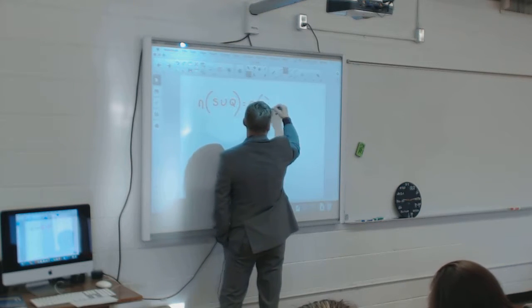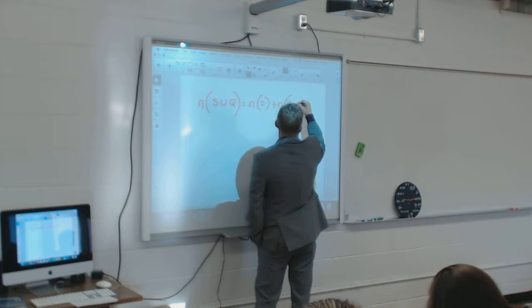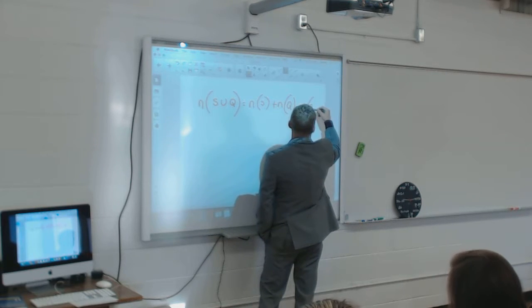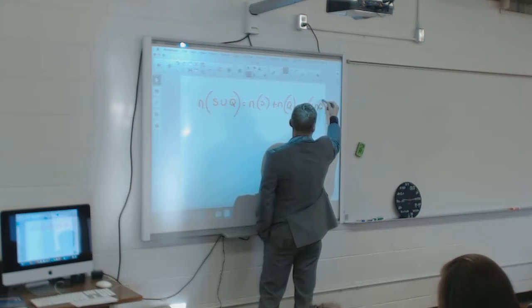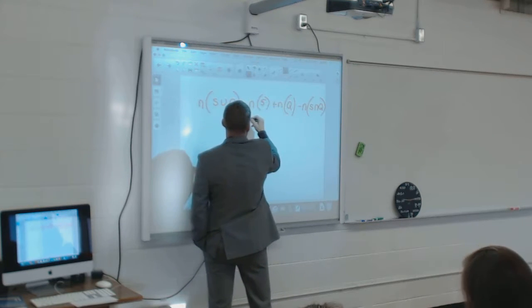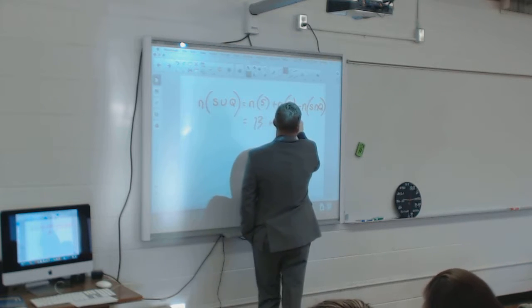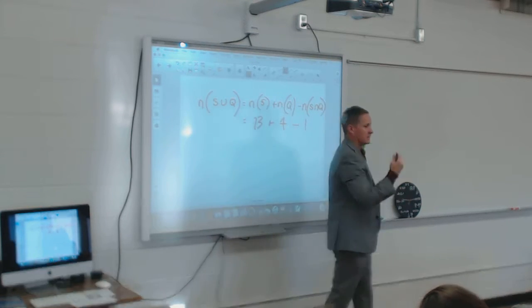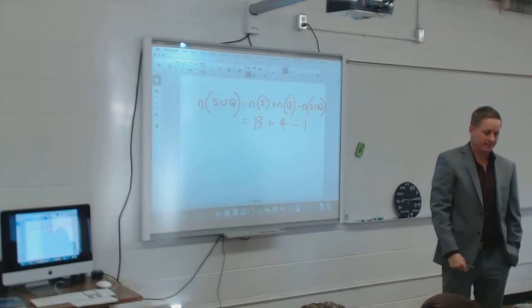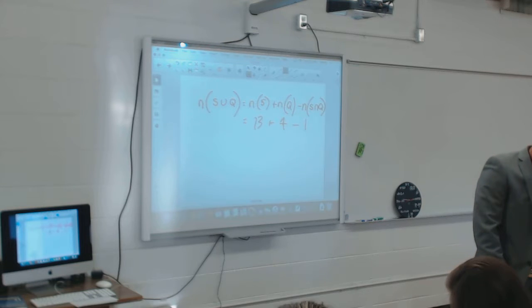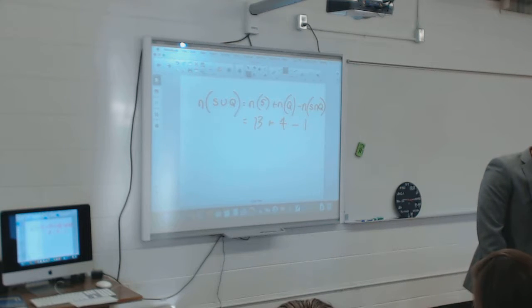Number of spades plus number of queens minus the queen of spades. 13 plus 4 minus 1. 16 cards. Good so far? All right.